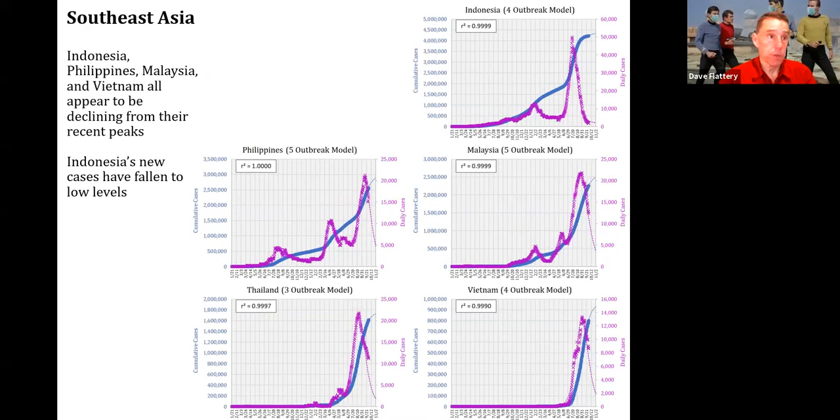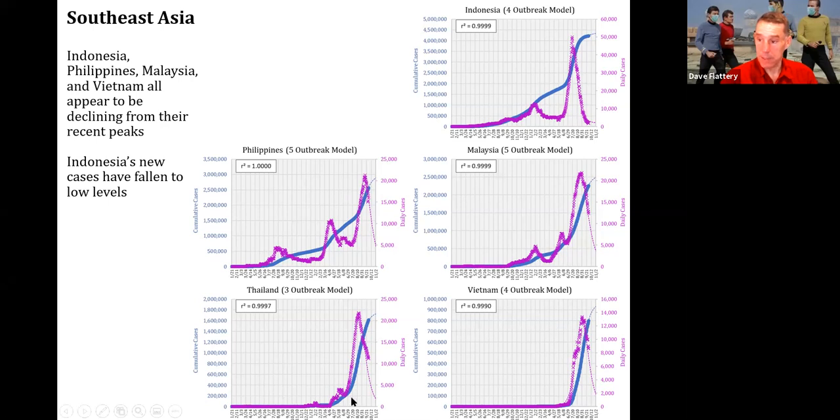Southeast Asia, which was quite a big hotspot over the last 2 months, the previous month and the month before that, all of those outbreaks look to be coming down now. Philippines is down from 22 or 23,000 to about 15,000, and Malaysia. Both of those, it wasn't clear that they were peaking last month. Vietnam, as I mentioned, is a new entrant to the top 50, so I haven't been showing it in previous months, but it also looks like it's coming down.